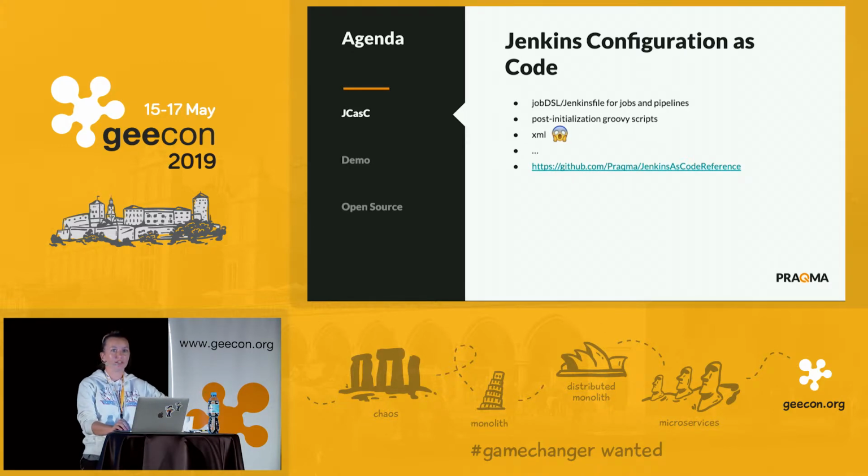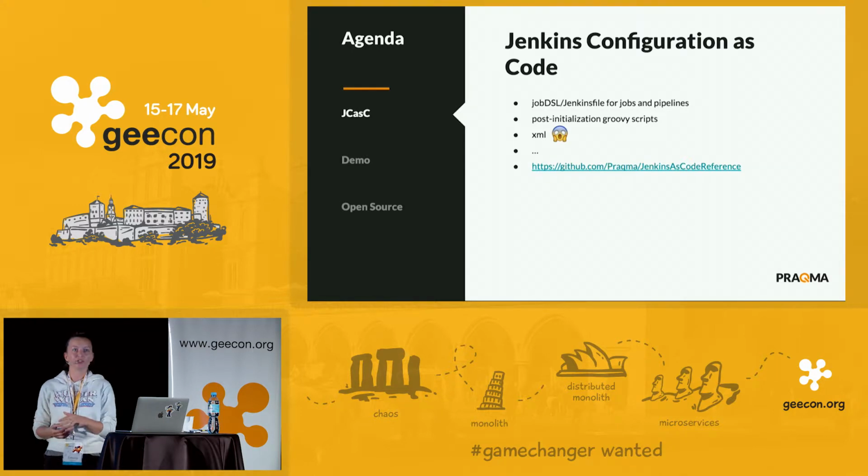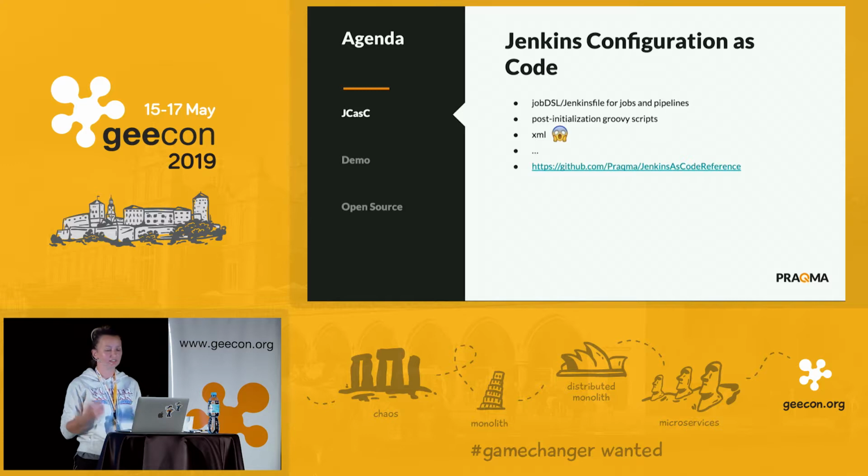And there were other approaches, and the one I came across was the one that was created by Pragma, which is Jenkins as code reference. So the first customer I went to, and I was supposed to maintain and upgrade their Jenkins, they were using this Jenkins as code solution. And it's nice, but it relies on those post-initialization Groovy scripts.